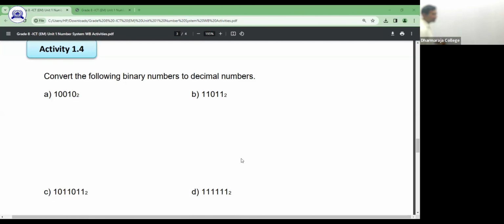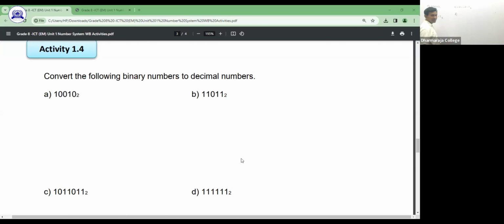I write the first one A. Then I write B here, then C. All are binary numbers.